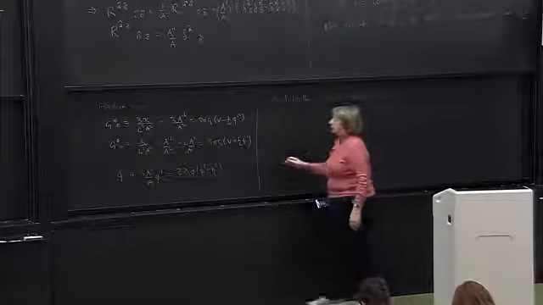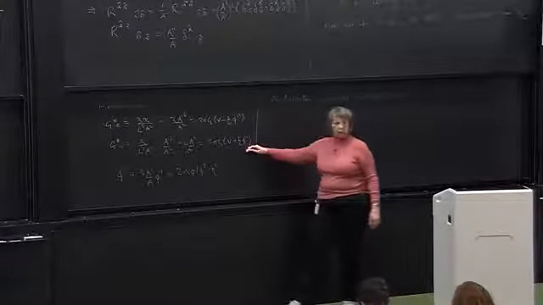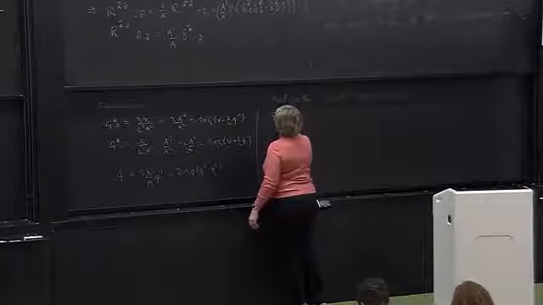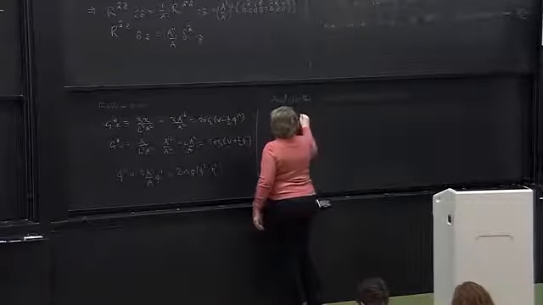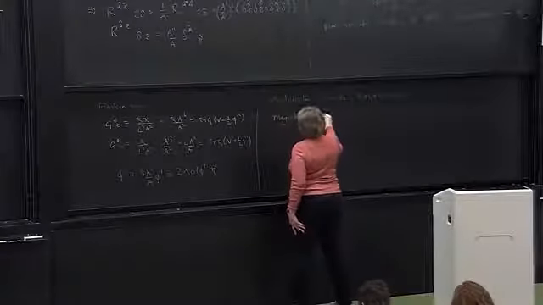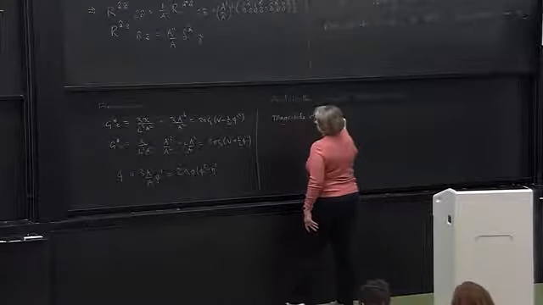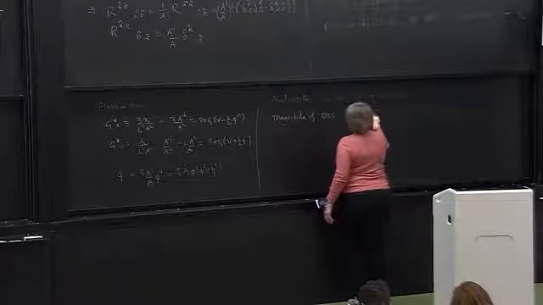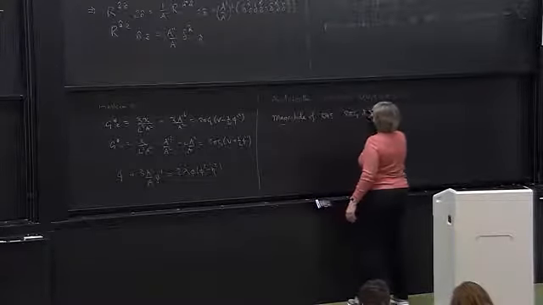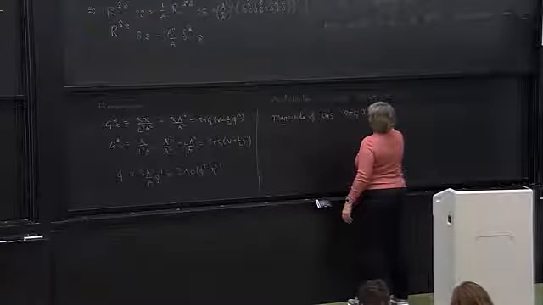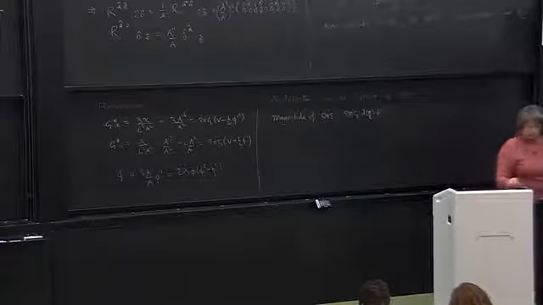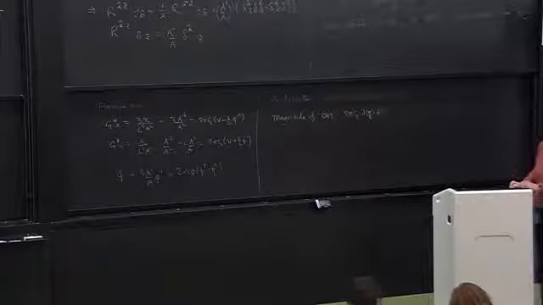Let's suppose I look at the magnitude of this right-hand side here. Then 2v is just lambda (phi squared minus eta squared) squared.